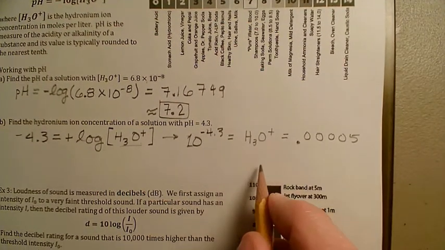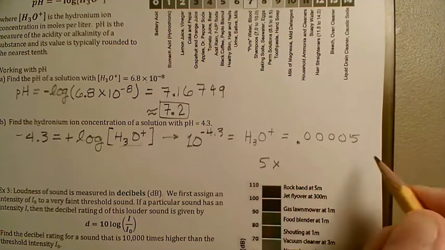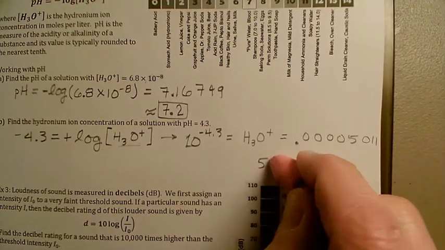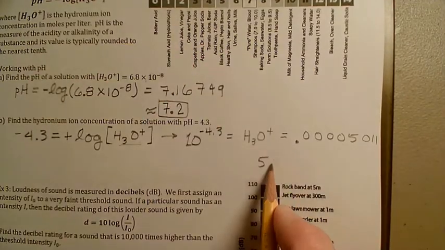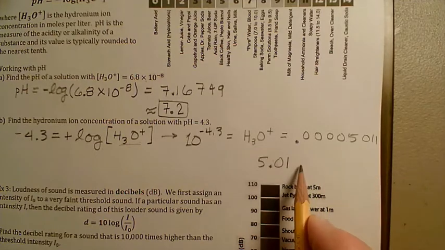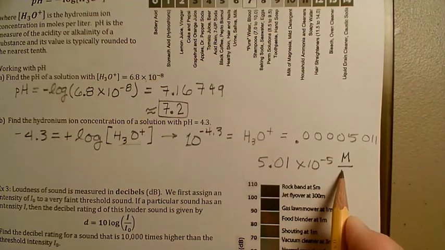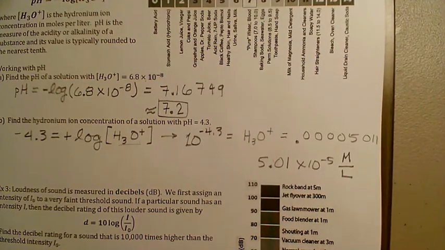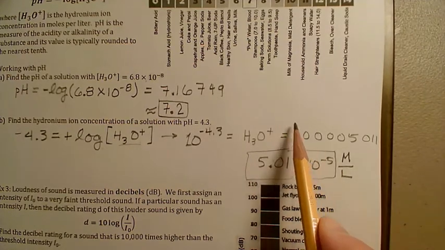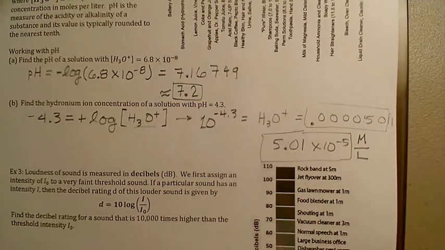So we could say that's 5.01 times 10 to the negative fifth, moving the decimal place over 1, 2, 3, 4, 5. And that would be moles per liter, I guess, would be the units on that. You could certainly leave it like this if you wanted, but it probably makes more sense to put it into scientific notation.